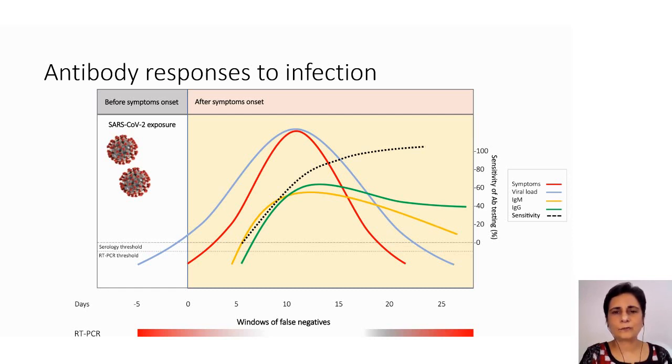When we look at what happens to antibody responses, those tend to be generated a few days after symptom onset. And unusually in this virus, unlike the standard pattern where we see IgM antibodies first, here IgM and IgG rise almost simultaneously, just a couple of days apart. And then IgM levels fall about 3 to 4 weeks after infection, while IgG levels, depending on what viral protein they are directed against, persist for a reasonable length of time.